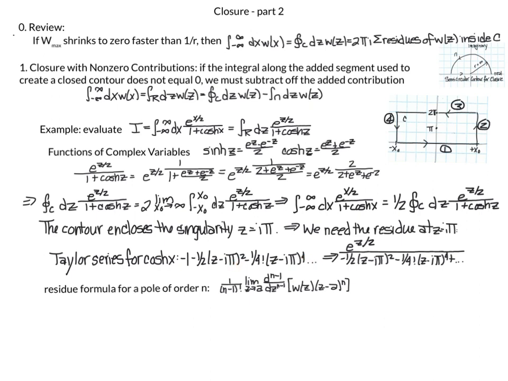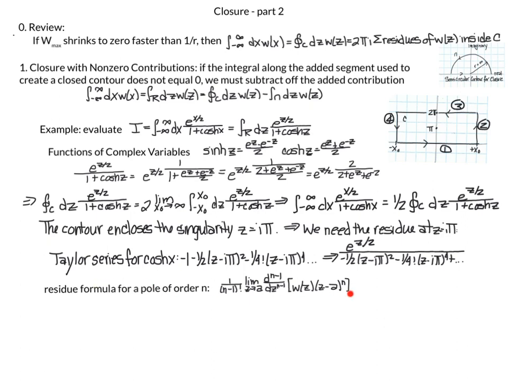So I put that in my integrand, so I have e to the z over 2, and my 1 cancels out with this negative 1, so I'm left with this part of the cosh series: minus 1/2 (z minus i pi) squared minus 1 over 4 factorial (z minus i pi) to the 4th.